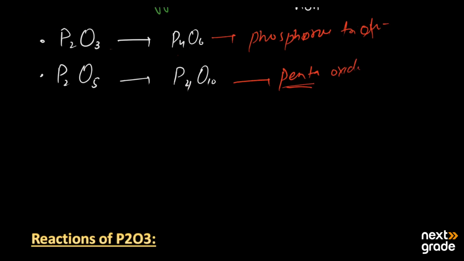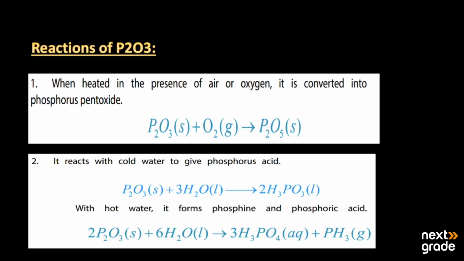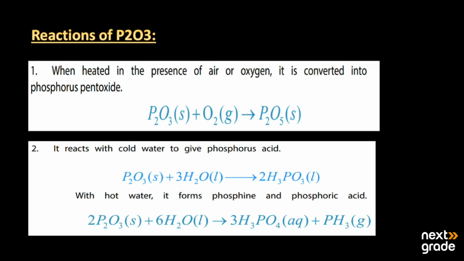Now we will learn about its chemical properties. The first is that they are highly chemically reactive. The first is the reaction of phosphorus trioxide. When we heat it in the presence of air or oxygen, it is converted into its next oxide, phosphorus pentaoxide.